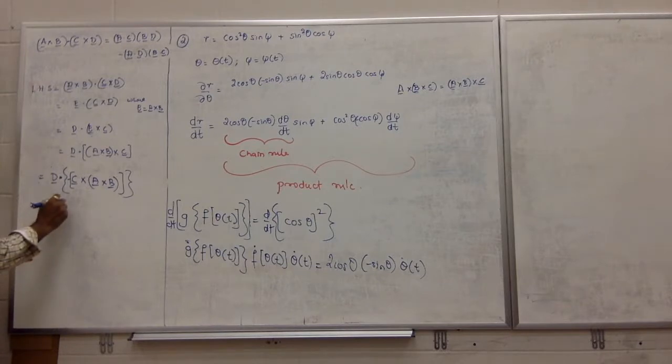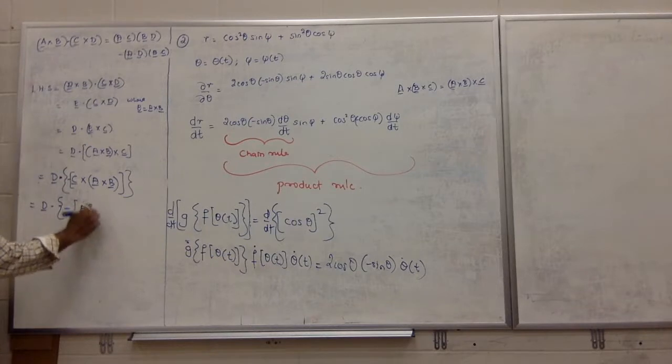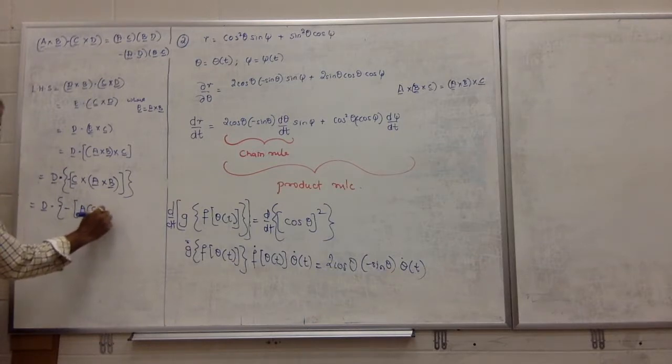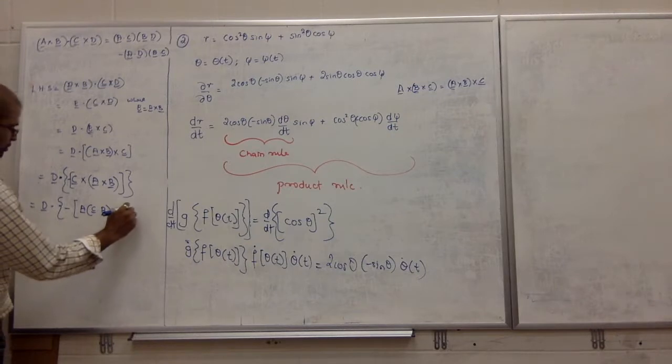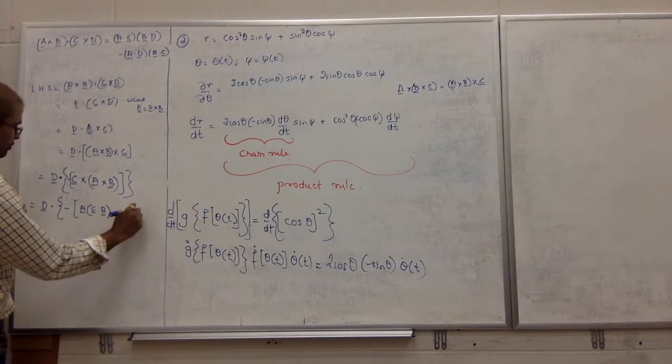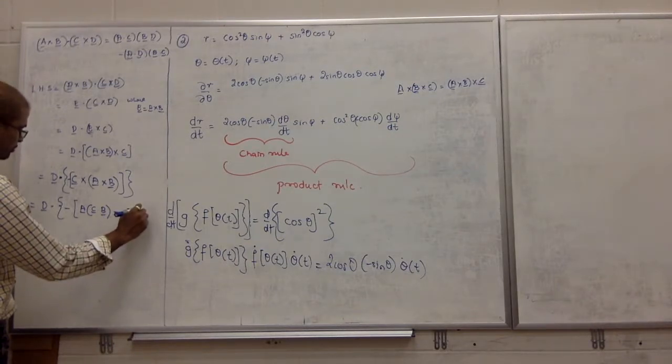So if I apply the BAC minus CAB rule here, it will be B, A dot C, C dot B, minus, B, back cab.